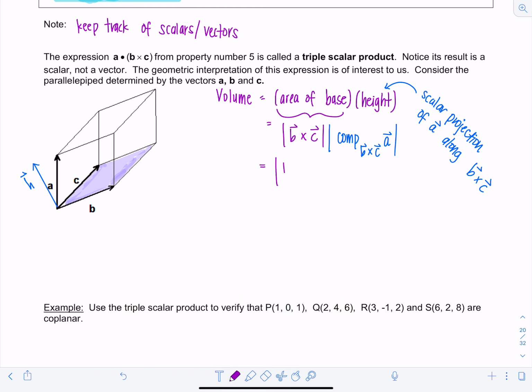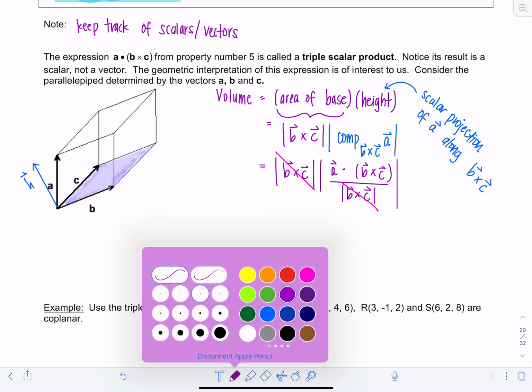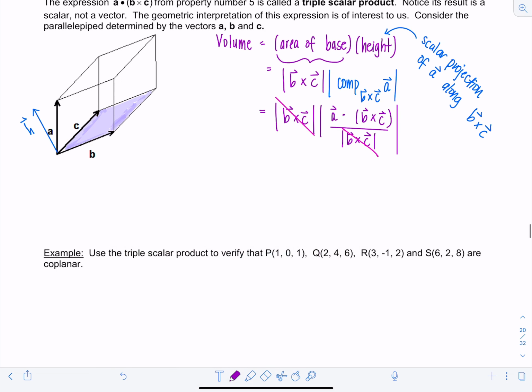So we're going to have B cross C and then A dotted with B cross C divided by the magnitude of B cross C. So that's going to cancel out here. And then I'm left with the absolute value of A dotted with B cross C.